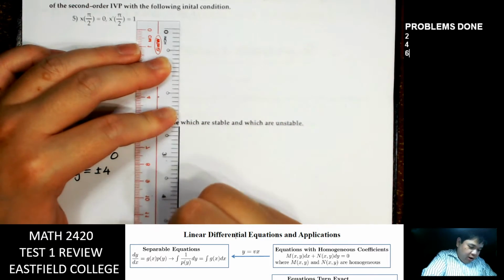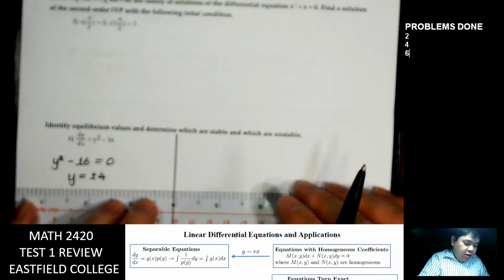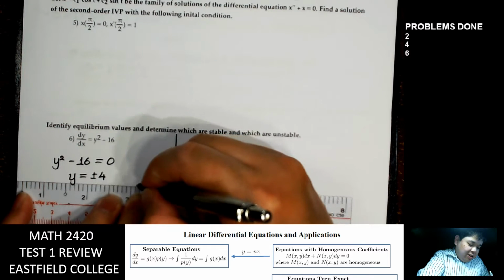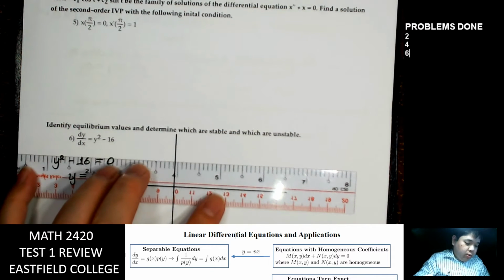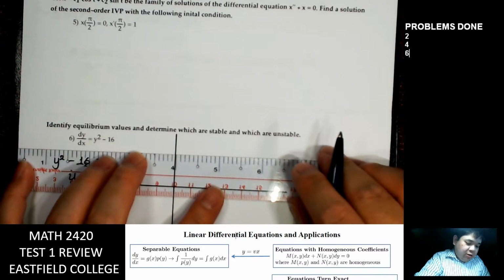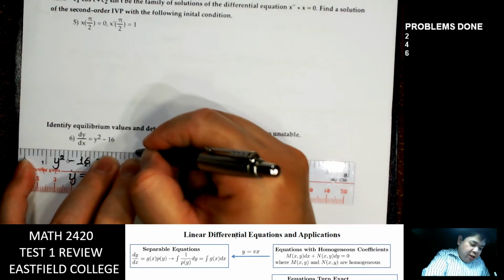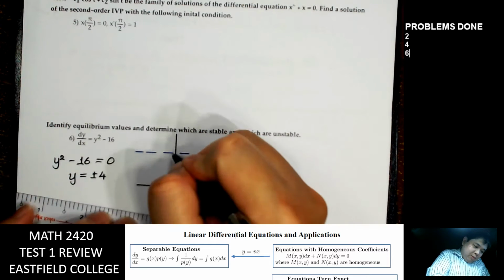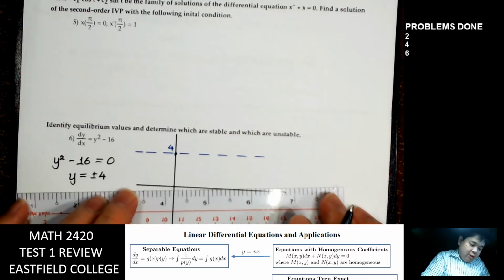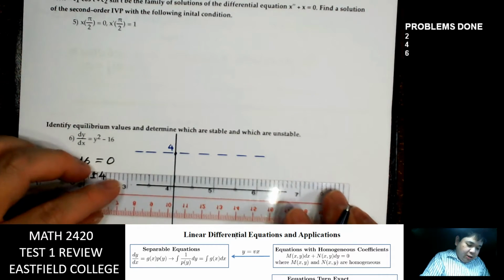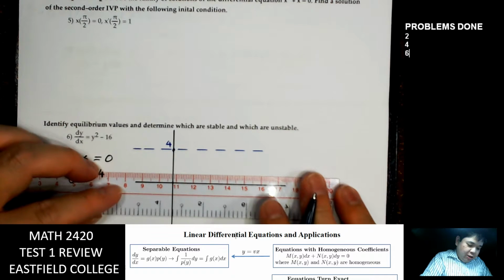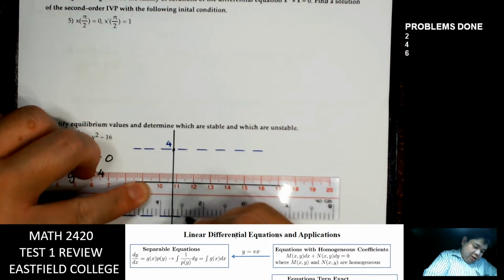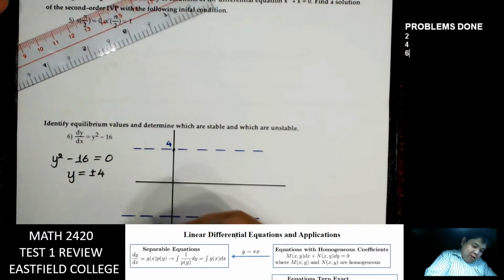I'll try to sketch this. Notice that these are the y values, which is the vertical axis. So we have two of them. One is 4 and one is negative 4. Let's see, that is 4, and that is -4.